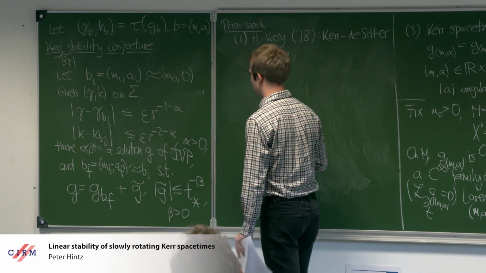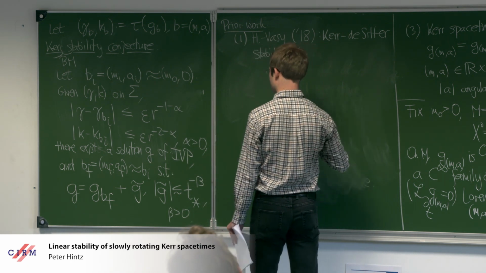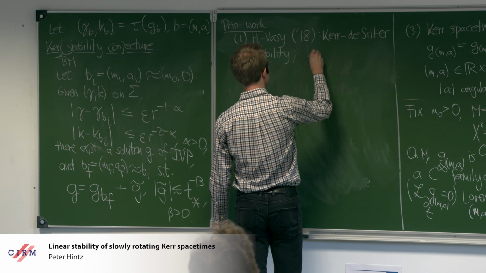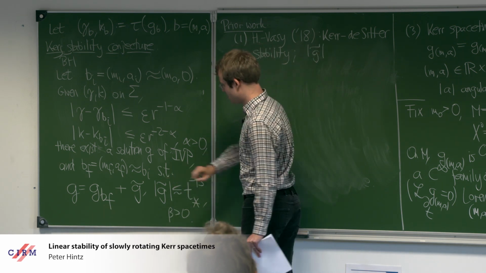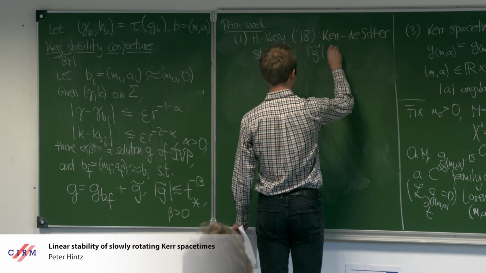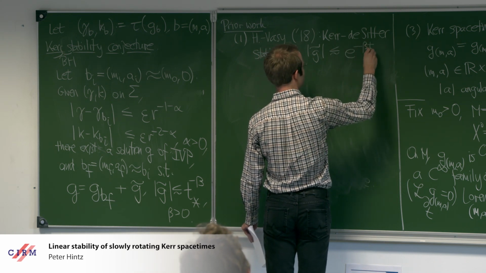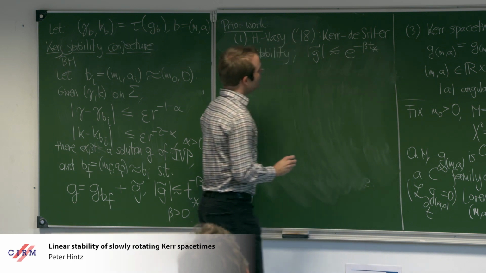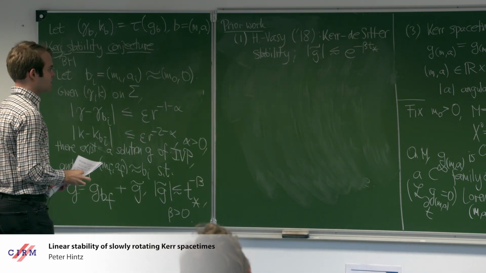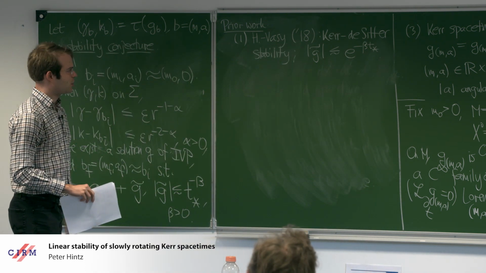In this case, you're not solving the Einstein vacuum equation, but something with the cosmological constant. And in this case, the decay rate of this gravitational wave tail is actually exponential, something like e to the minus beta t star. Okay, so this is a very big difference to polynomial decay.